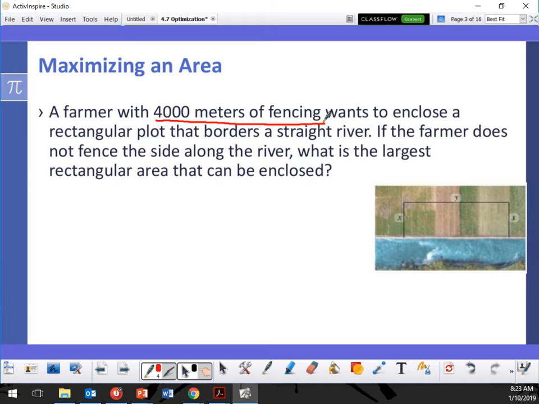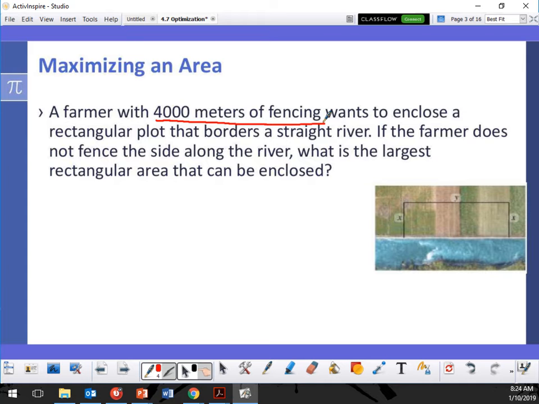Fencing, thank you. Of is not a good one, but fencing is the one we're looking for. The word fencing implies that it's what? Perimeter, thank you. That's what we need to get out of that information. So fencing means that I'm going to have perimeter there.